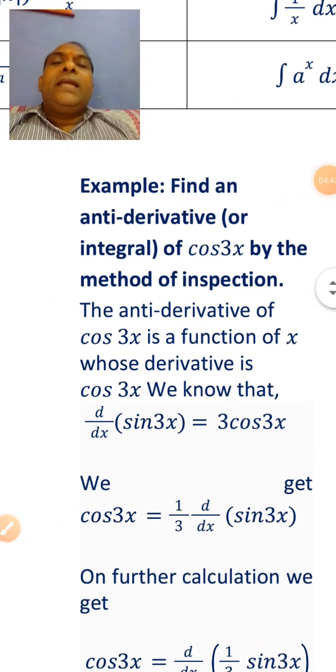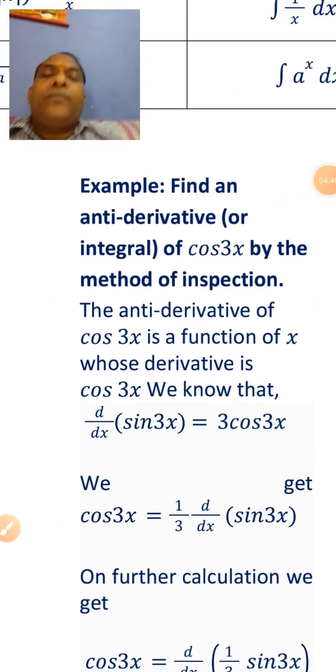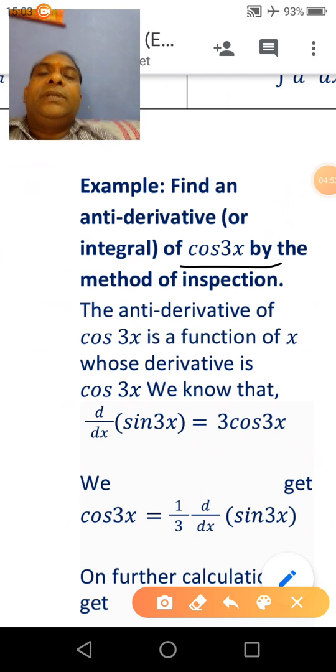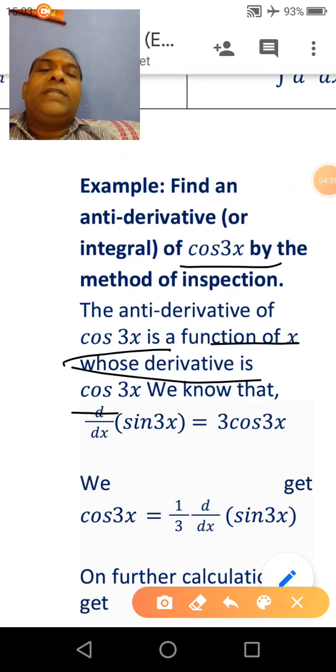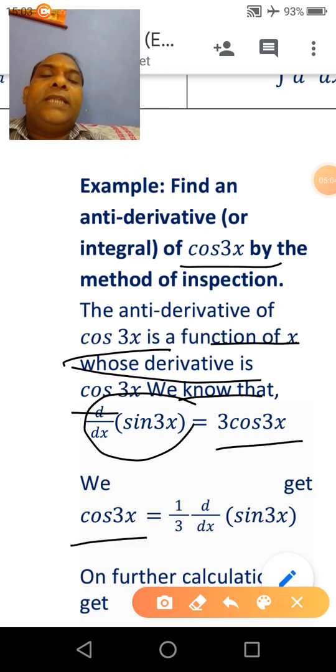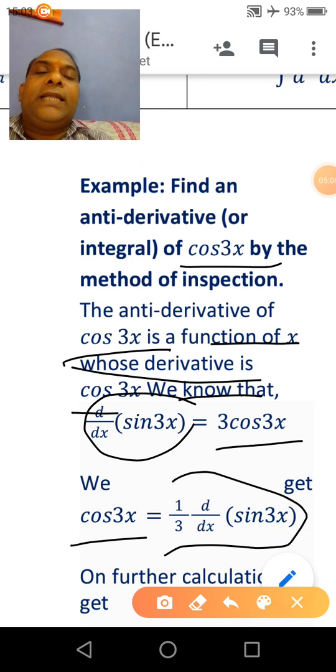Find an antiderivative or integral of cos 3x by the method of inspection. The antiderivative of cos 3x is a function of x whose derivative is cos 3x. We know that d by dx of sin 3x is equal to 3 cos 3x. So cos 3x will be 1 by 3 d by dx of sin 3x.